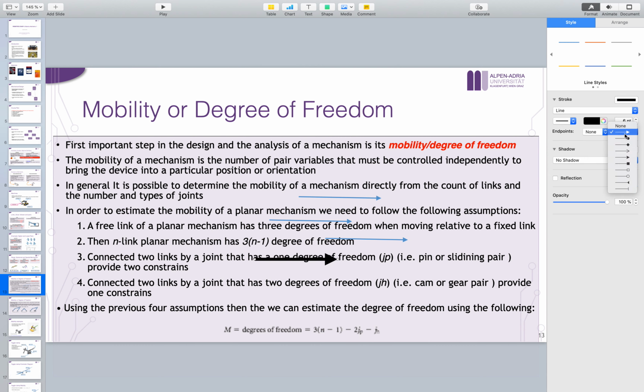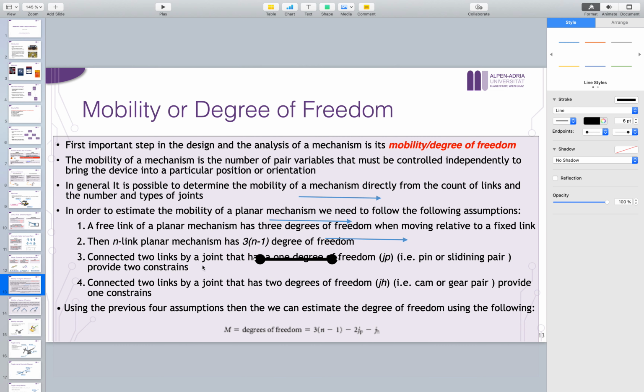This is what I just mentioned, which is called the frame or base. Now this link has 0 degrees of freedom because it is the base of our mechanism, so it's static.